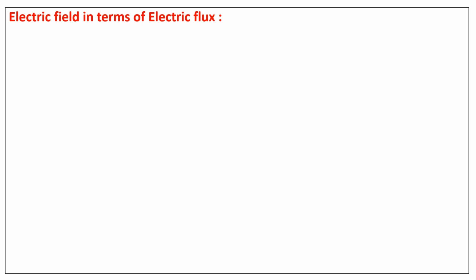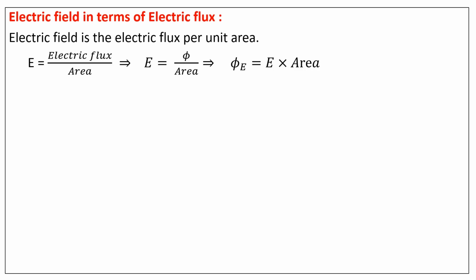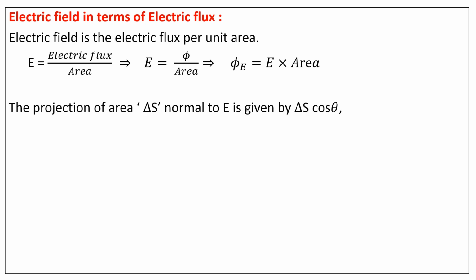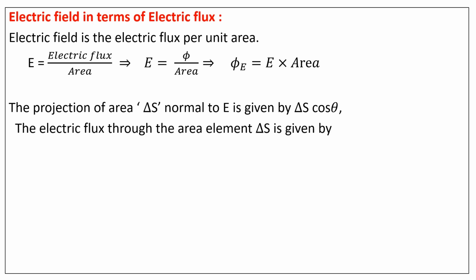Next, electric field in terms of electric flux. Electric field is the electric flux per unit area. E is equal to electric flux by area, that is, phi by area. On taking area to the left side, we get phi E is equal to E into area. The projection of area delta S normal to E is given by delta S cos theta.